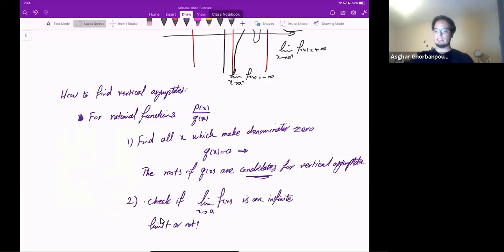So that's what we need to do. In general, this is the best way to work with rational functions.